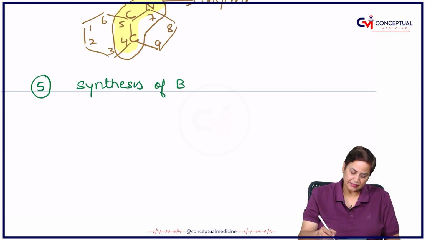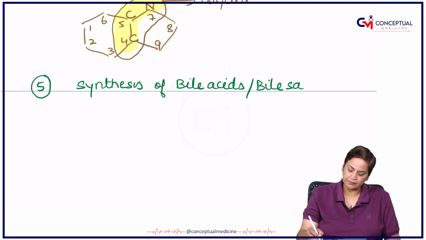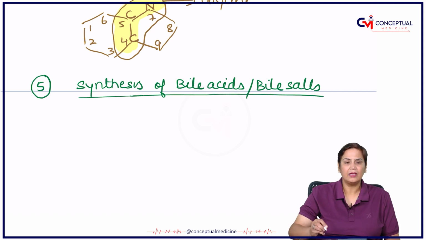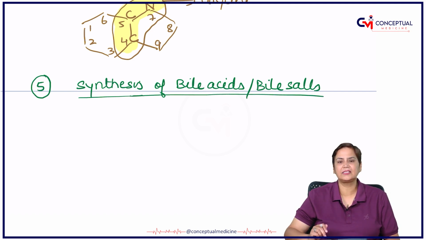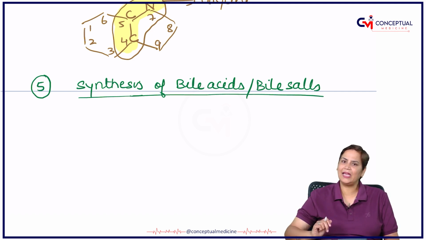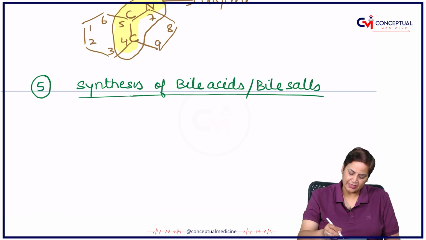Right, so these are some of the specialized products synthesized from glycine. So this is the anabolic and catabolic nature of glycine.